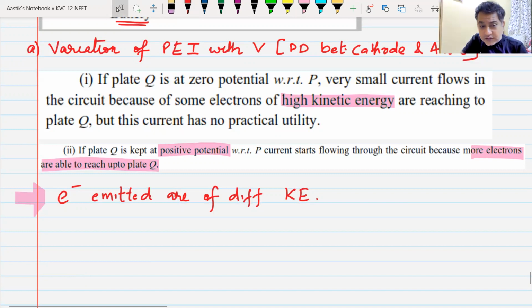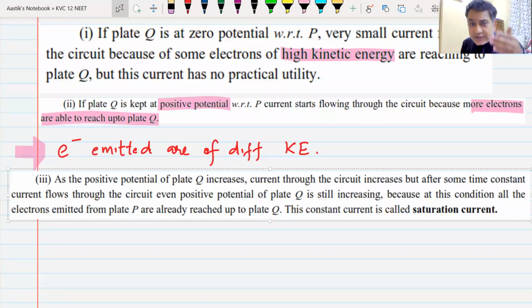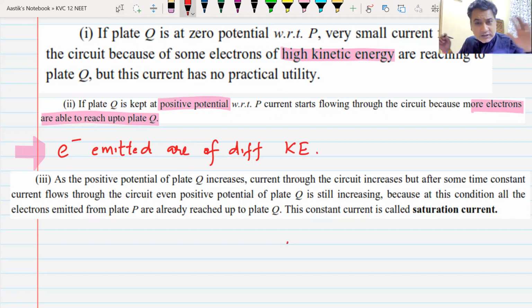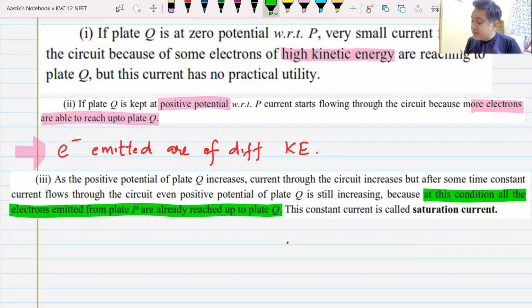If I keep on increasing this positive potential, current increases, but after some value, the current does not increase any further, because at this point all the electrons which are emitted from the plate have already reached the plate Q. This current is known as saturation current.